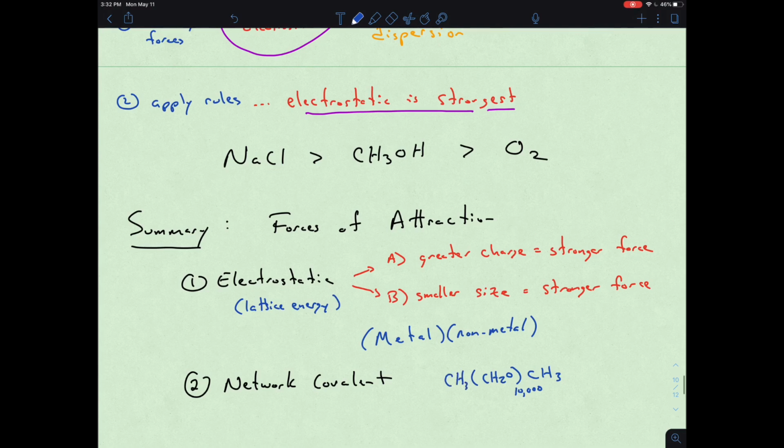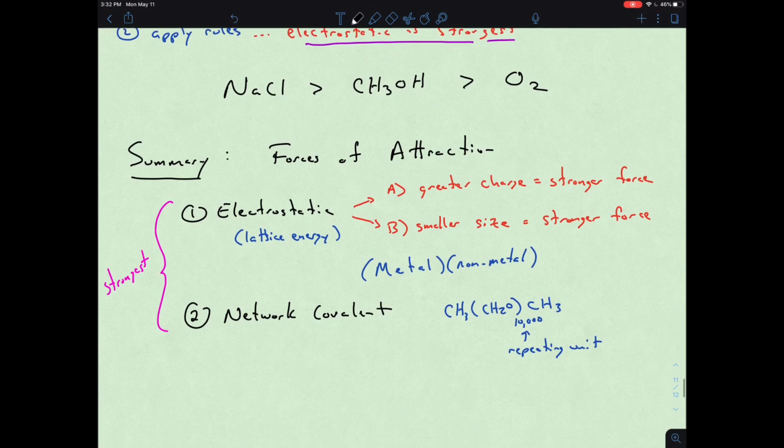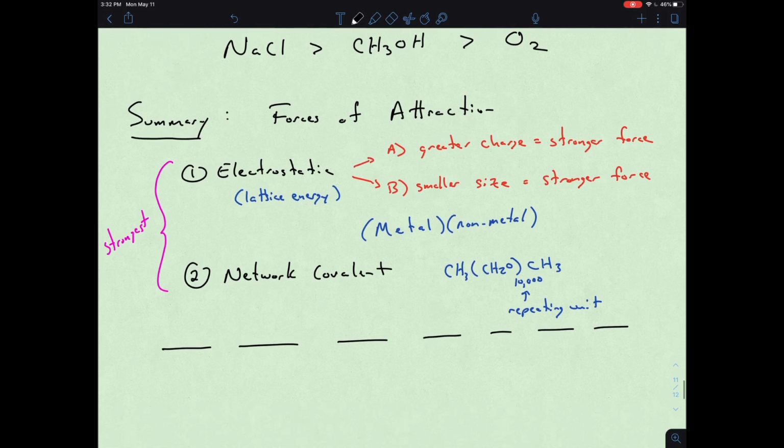Well, we see that repeating unit. And these are the strongest. We then have one in the middle, which is our hydrogen bonding.